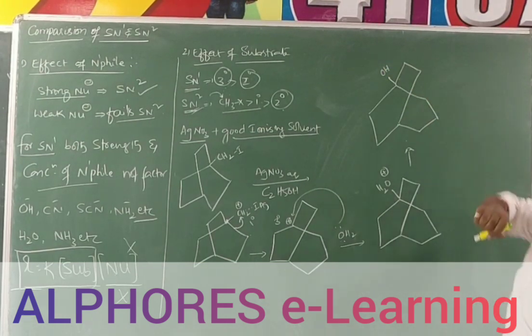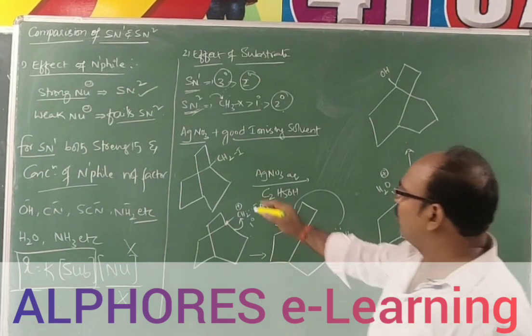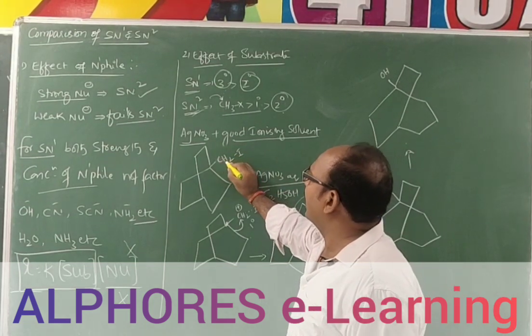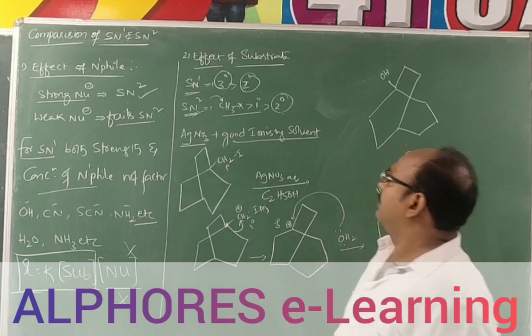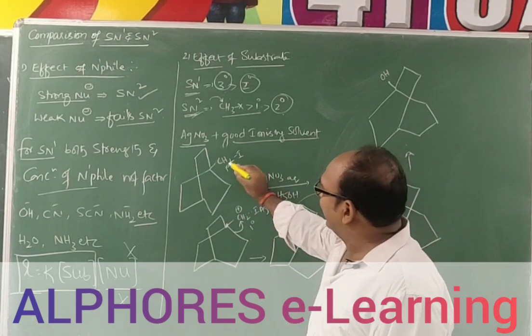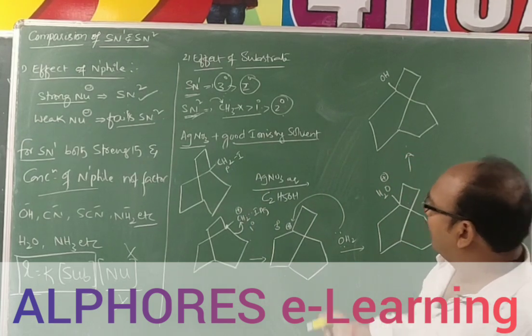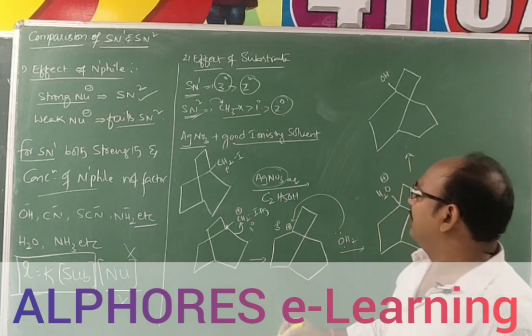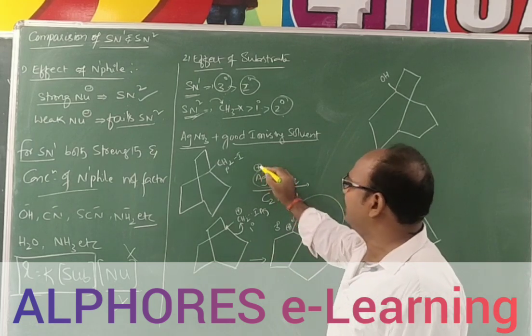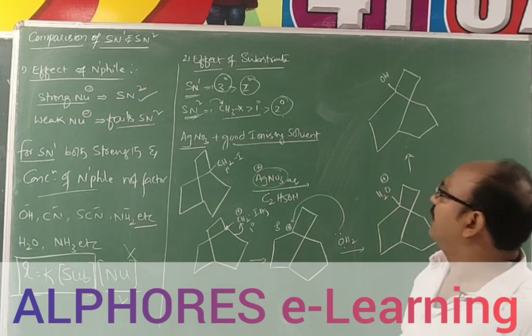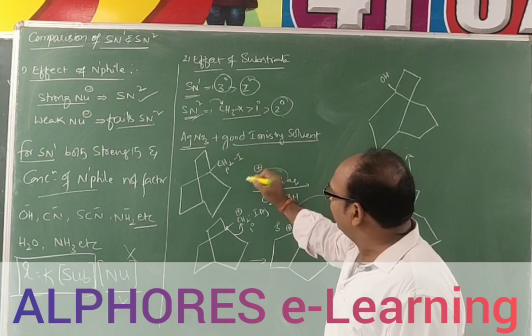We are getting alcohol. Earlier the leaving group was at a primary carbon, but we expect that primary carbocation formation does not take place. When we are using silver nitrate, this Ag+ acts as a catalyst and takes part in reaction with the I, the leaving group.